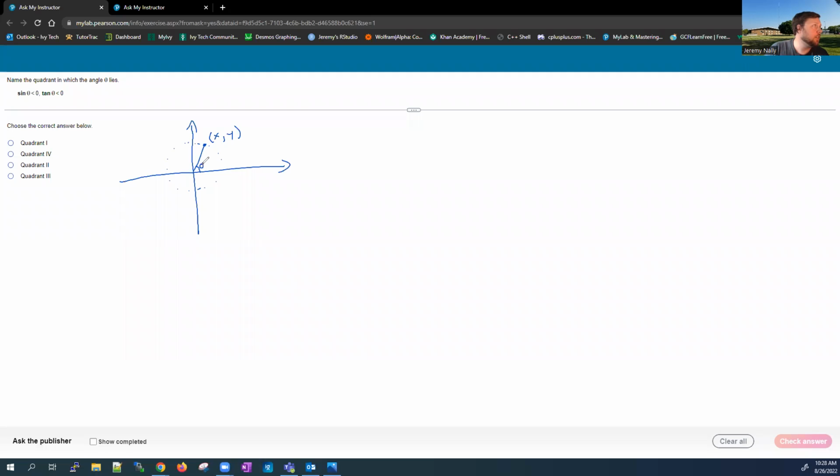So let's call this angle theta. Okay. One over here. And you can always kind of just stick in a right triangle all the way around the circle.